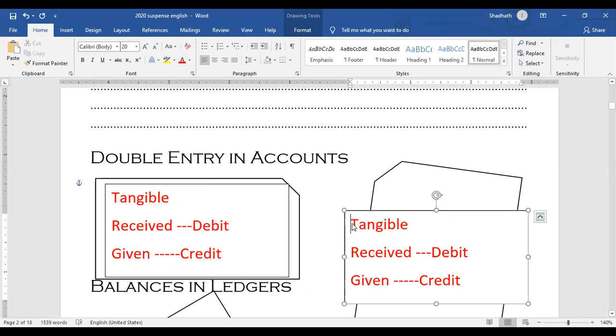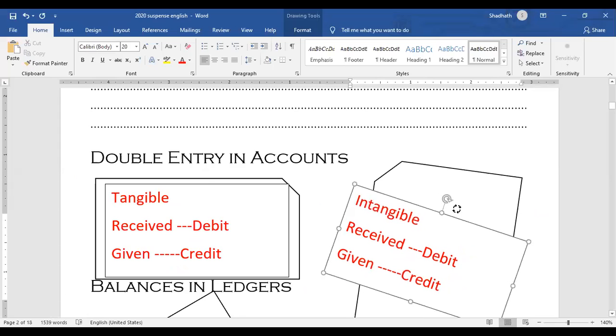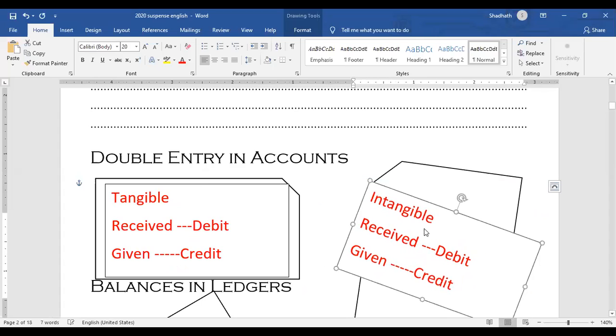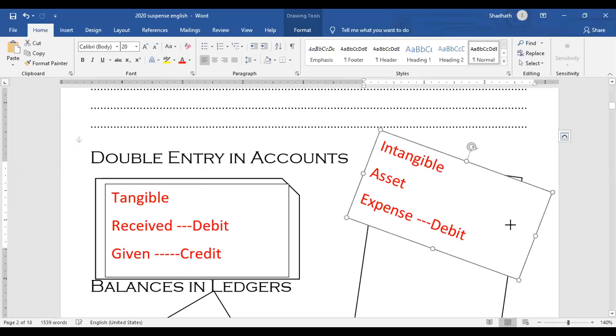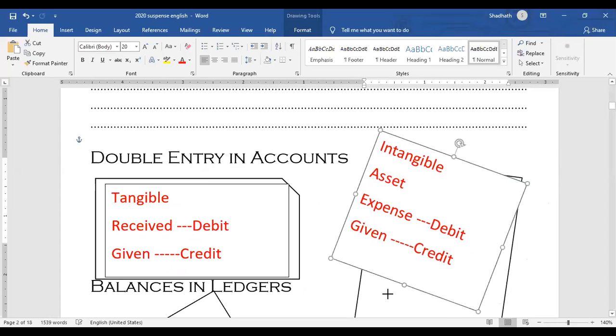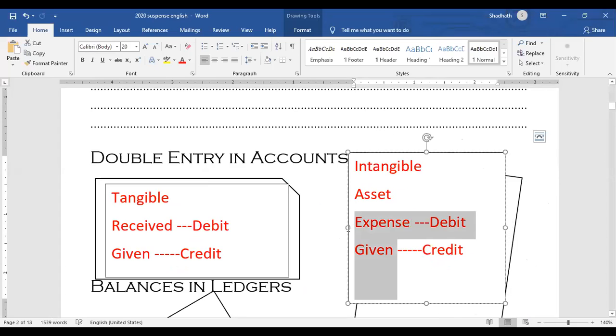Okay. Now we come to intangibles. If it is an intangible, how do we apply the rule? Just now I told you. Asset and expense, debit side. Then what is credit side?